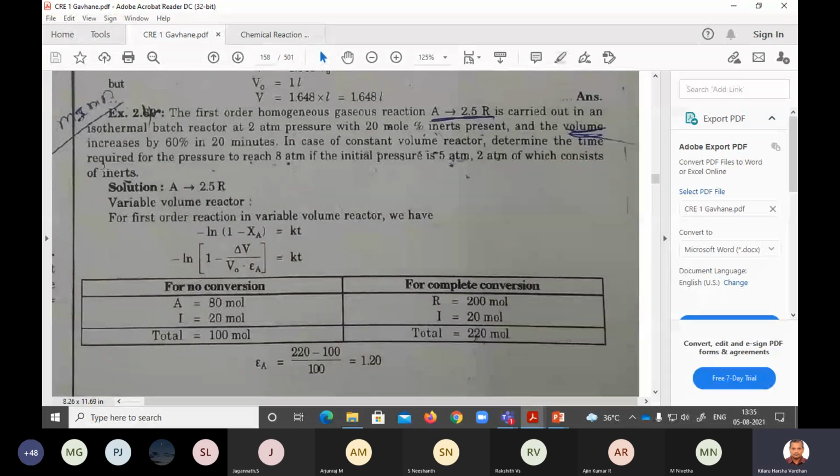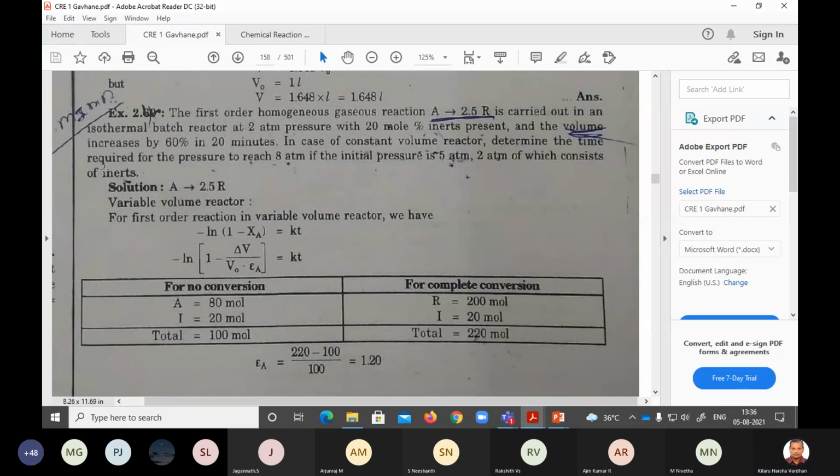I'll explain the problem. First, you need to understand the problem. Then only you can do the problem, right? The problem is giving you a reaction happening. A goes to 2.5 R, a gaseous phase reaction, so the number of moles are increasing. That is what you can see from that.